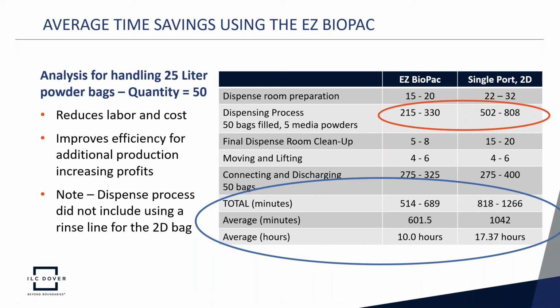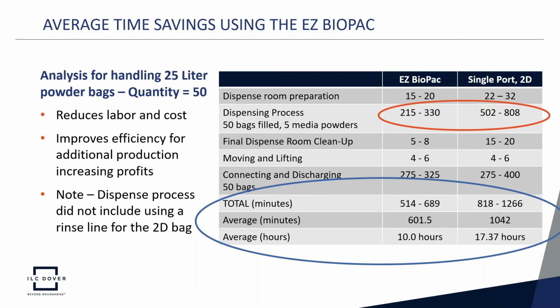So the study was done using a 25-liter bag, both the EZ BioPac and the single-port 2D. We studied a quantity of 50, so saying the batch of the powder transfer was for 50 bags. And so really the compelling time saver was at that dispensing process where we've circled in red.